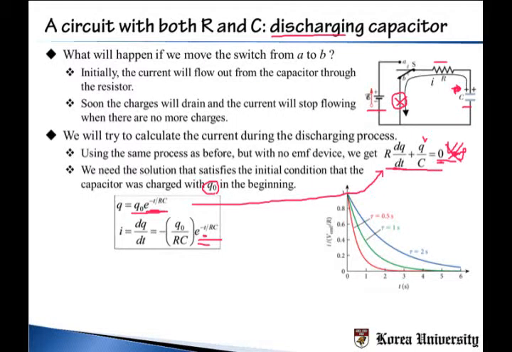And this is what the exponential of minus t kind of function looks like. It will start from a certain value and immediately decrease. And here again, there are 3 colors shown. The red curve, which is shown with a tau value of 0.5 seconds, is decreasing rapidly in a short time, right?